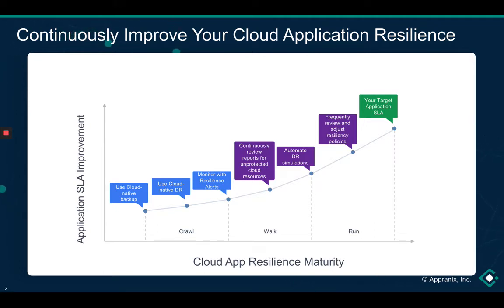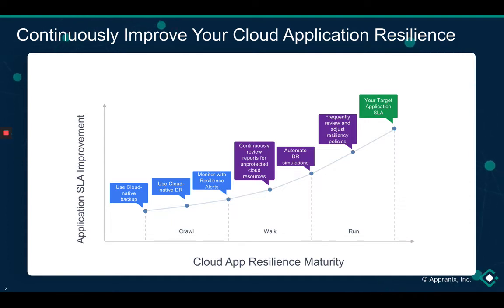Then you start monitoring that environment. You could package your applications as cloud assemblies and put appropriate policies for backup as well as DR and monitor for alerts so that you could continuously improve the resilience. And then you could also configure appropriate reports based on your priorities and so on so that you could monitor that environment from several perspectives and look for unprotected resources, because it is not just the VMs or the databases that make up your application environment.